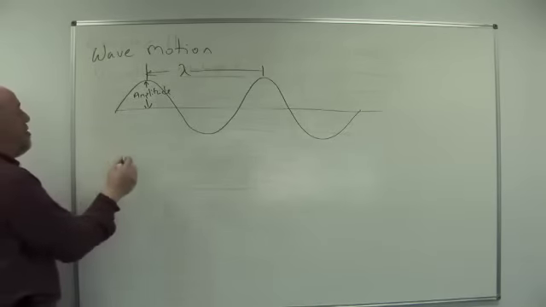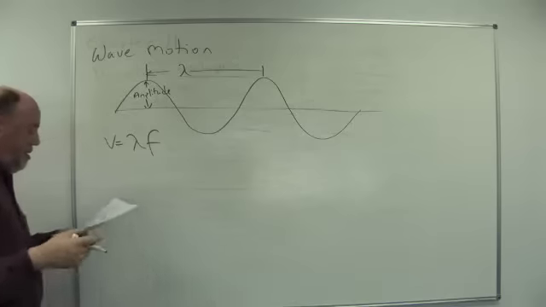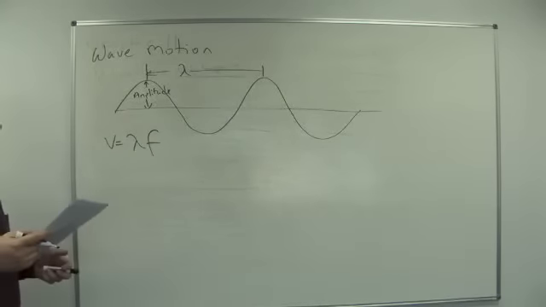And so the velocity of a wave is given by the wavelength times the frequency.